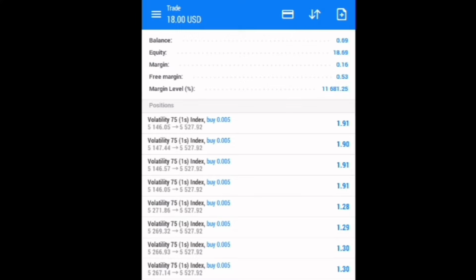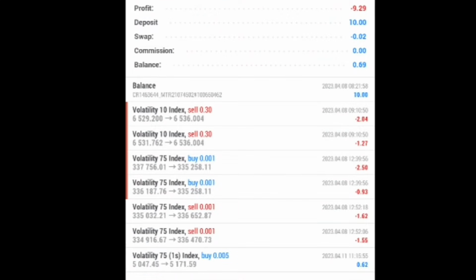To give you a brief history of what happened, a week before, I deposited $10, and I was testing this particular strategy on Volatility 10 index and Volatility 75, which didn't go as planned.